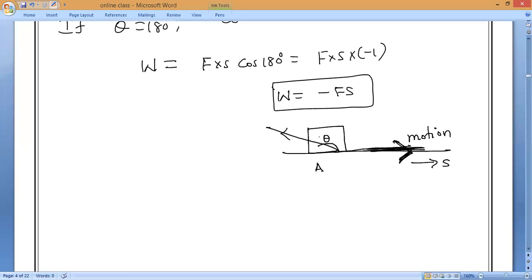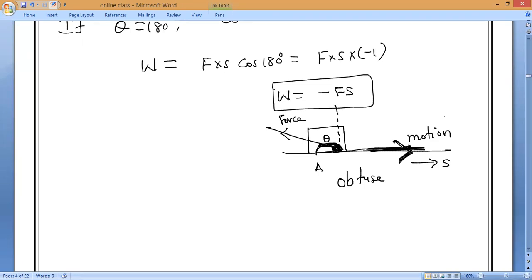Is the angle more than 90 or less than 90? More than 90. So is it negative work done or positive work done? Negative work done. Displacement will be like this and applied force is from somewhere. That is what you have to remember.